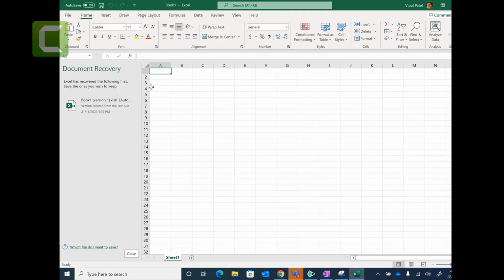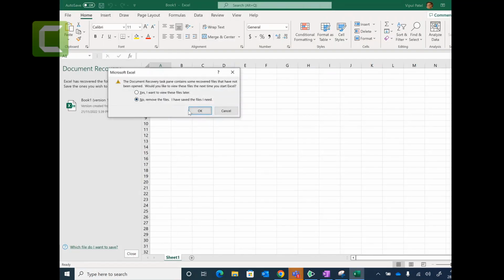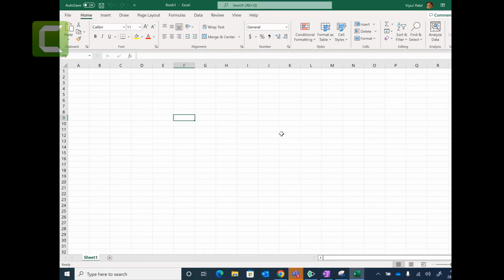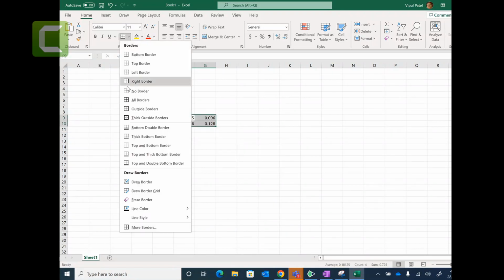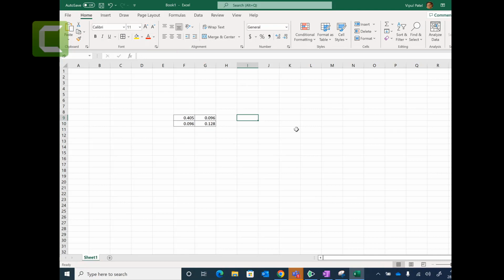Let's quickly do it on these ones. What were the values? The values were 0.405, and then you have 0.096, and we got 0.096, and we got 0.128. Right, so that was our matrix, and we want to find the inverse of this matrix.